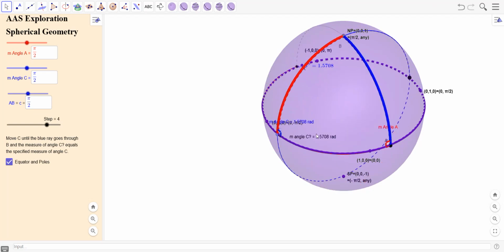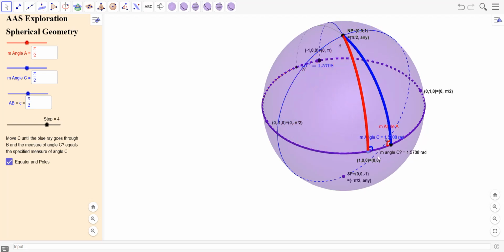Okay, here we go. I think this is going to give me what I want. I want A to be on the equator, and I want B to be at the North Pole, which I can do if that length is pi over 2. I don't know if I have it perfectly, but it's pretty close.